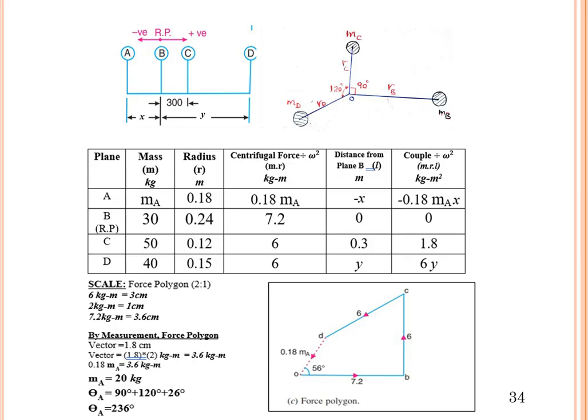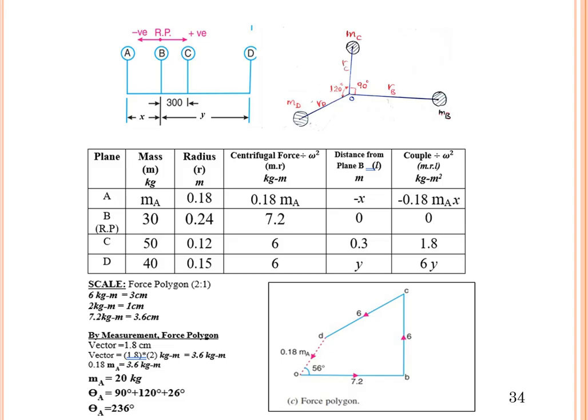So you construct the force polygon: OA, OB is 7.2, BC is 6, CD is 6. Joining point D to the point O gives 0.8 of MA, at 56 degrees. Taking 56 plus 180, the required angle is achieved.